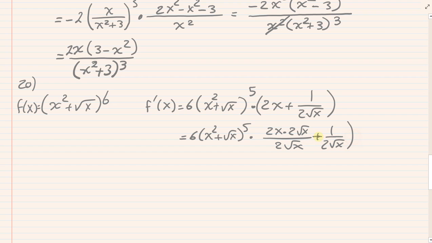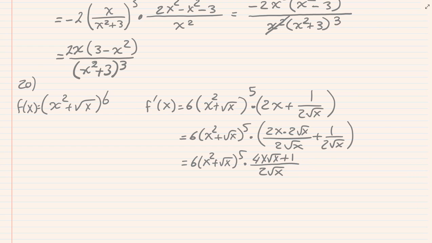There you go. There's nothing I'm going to do to the binomial in front, because you have a radical and a polynomial function, they don't combine well. So times 2 root x, and in the numerator, I have 2 times 2, that's 4x root x plus 1. And that's good enough for me as far as we can take this one.